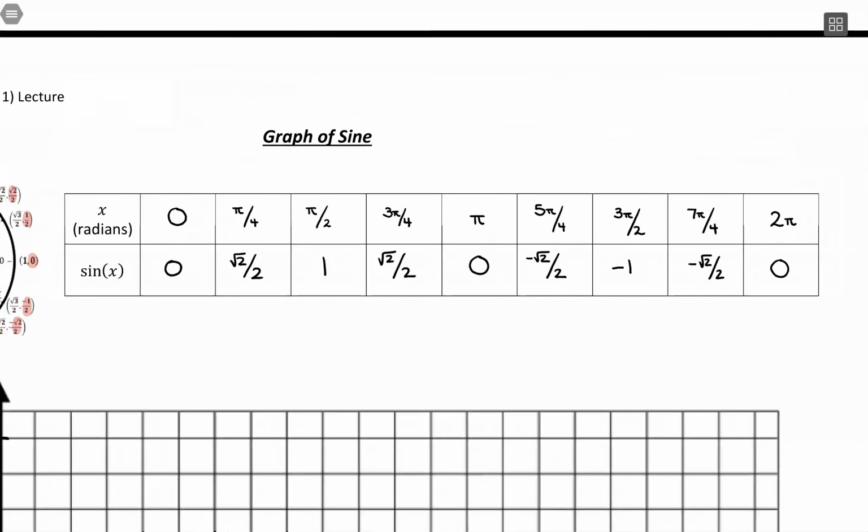Now, graphing root 2 over 2 is kind of tricky, so I just need a decimal estimate to help me out, and that should be about 0.7. Alright, so I want to graph this function here. Looking at my x-coordinates, I definitely want to see at least one period of the graph. So I definitely want to see between 0 and 2 pi, and going beyond that is even better to get more information.